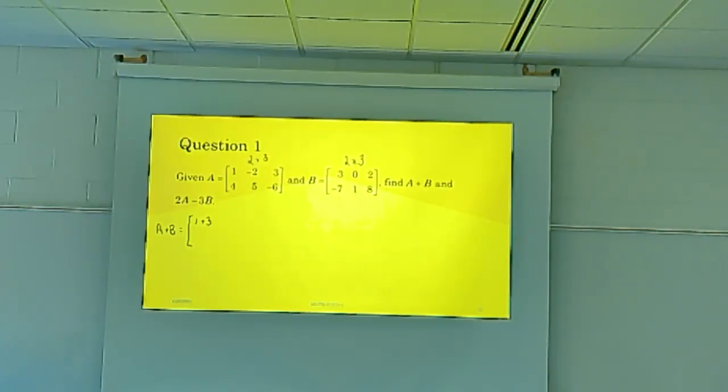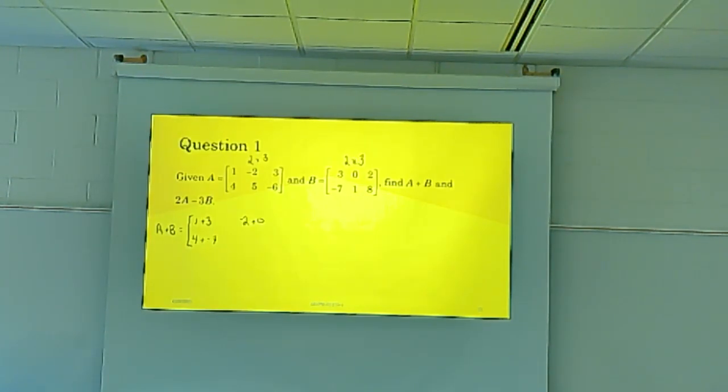The 2, 1 entry would just be the sum of your 2, 1s, and 4 plus negative 7. This up here is your 1, 2 entry: negative 2 plus 0.